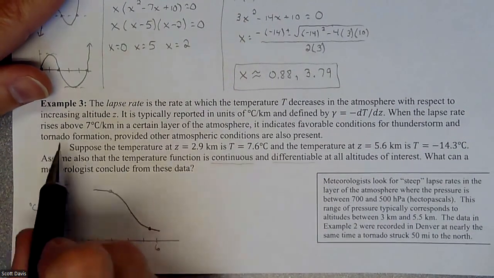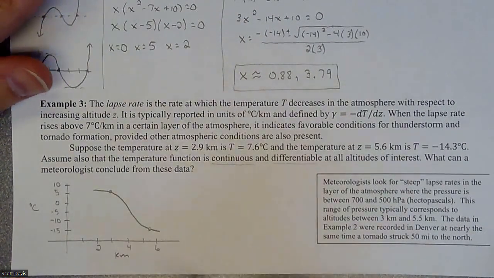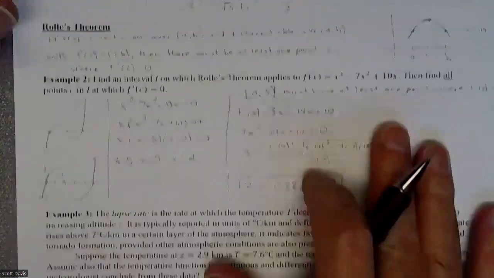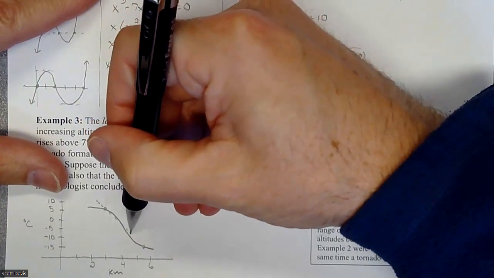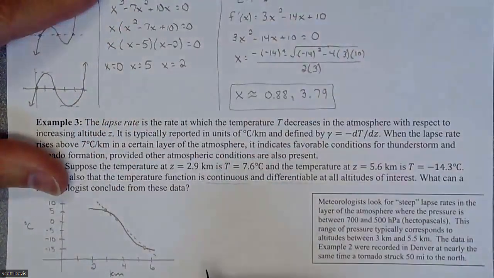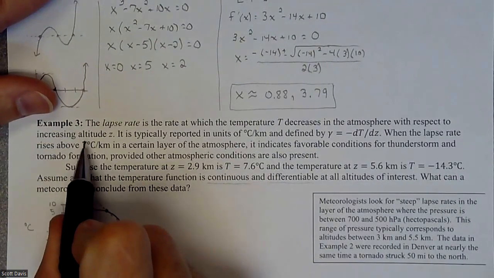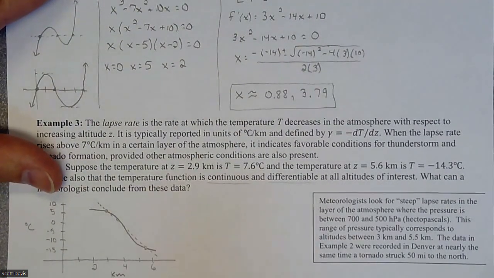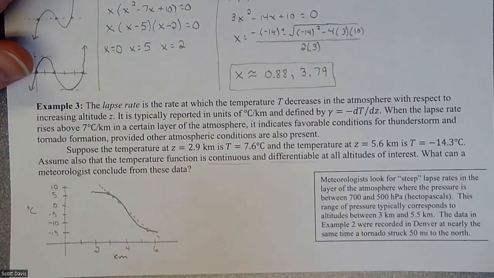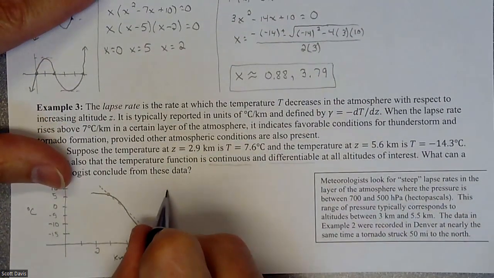more importantly, tornado. So all we have to do for us, this mean value theorem, is take these 2 points, figure out the slope between them, and if that is something that's bigger than this, then somewhere along that has those favorable conditions, just with that little bit of information. So all we need to do is figure out our slope.